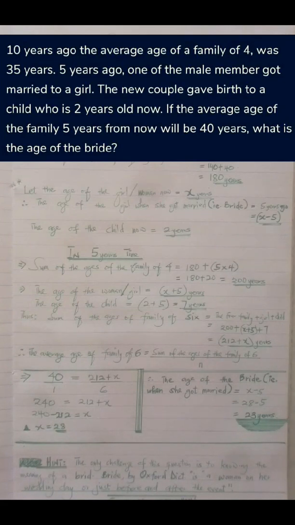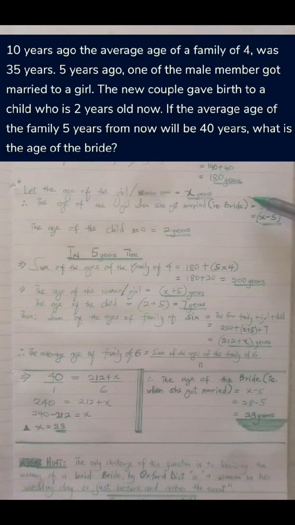So people will actually think about this question as you are just working the age of the girl. Now, you are not working the age of the girl or the woman now, but rather you are working the age of the girl when she got married. And that is why the question says find the age of the bride.